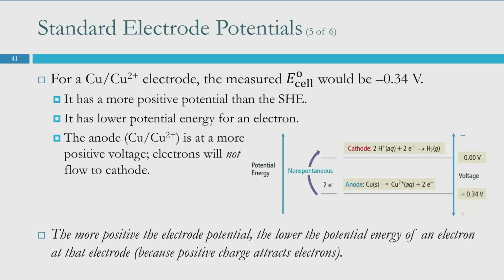It's going to gain electrons. Lower potential energy for an electron is going to not give electrons to the standard hydrogen electrode. And I think there's possibly a number issue here. I think that's maybe supposed to be positive. Isn't electrochemistry fun?